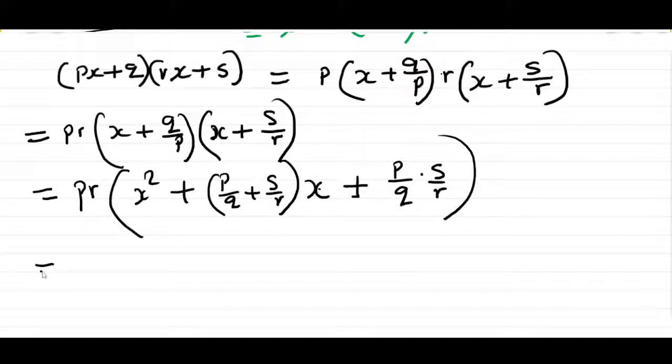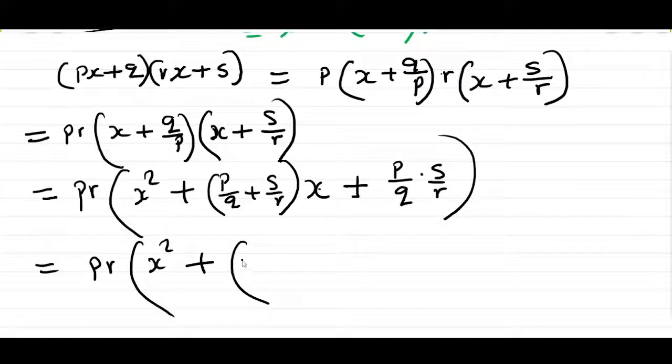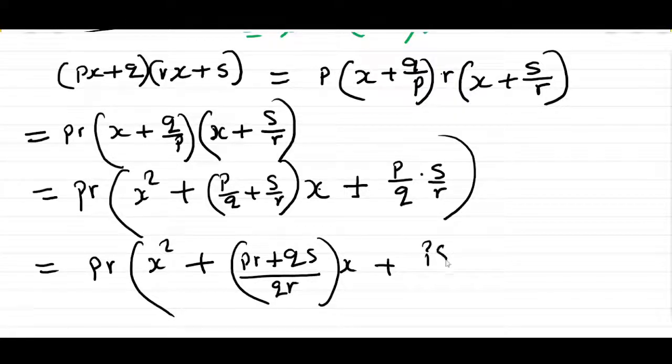So what we'll do next is to put pr here, and then this will become x squared. This will be plus, here we'll be having pr plus qx all over qr, x plus then ps all over qr.